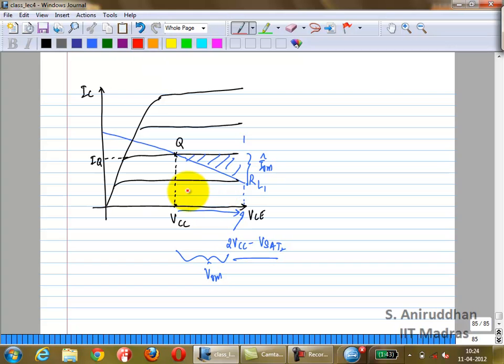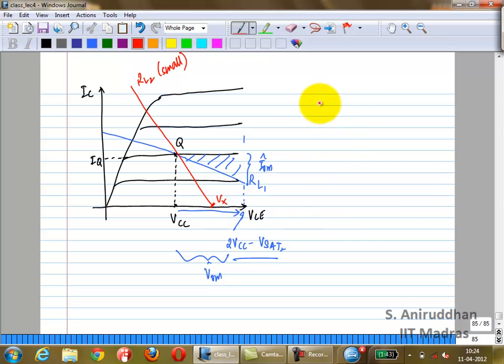Second thing is, it is going to intersect the x-axis, because you know the Q1 cuts off. It looks something like this. This is RL2. Okay?